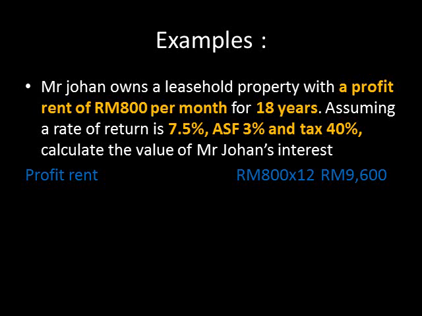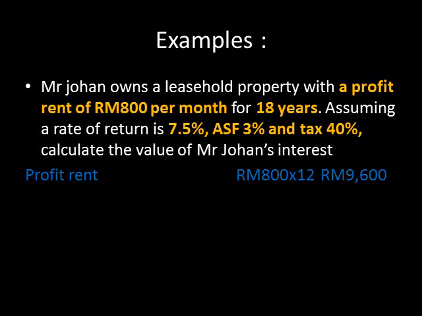So the first thing you need to do is calculate the profit rent. The profit rent is 1,000 minus 800, so we get the profit rent is 200. Then after that, you times with the YP2R rate. However, for this situation, it is already stated leasehold property with a profit rent of 800 per month, so no need to deduct anymore because it is given already.